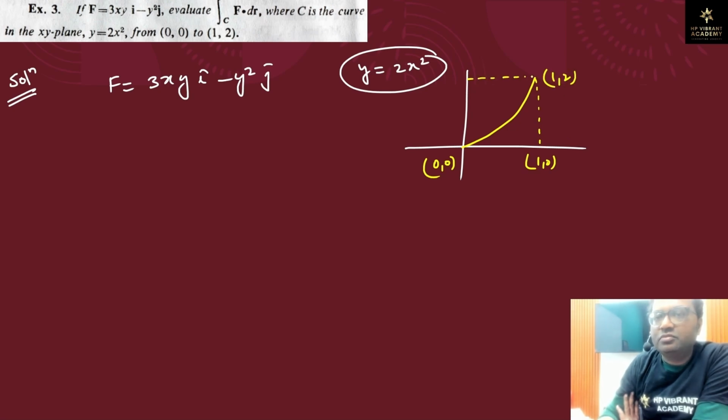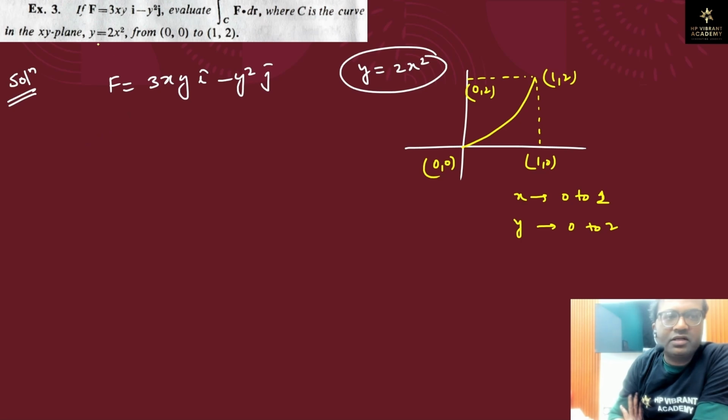So this is 1 comma 0, 1 comma 2 is the limit. Okay, so x varies from 0 to 1 and y varies from 0 to 2. Okay, so this is 3xy i cap minus y square j cap. So we can solve this in two ways.